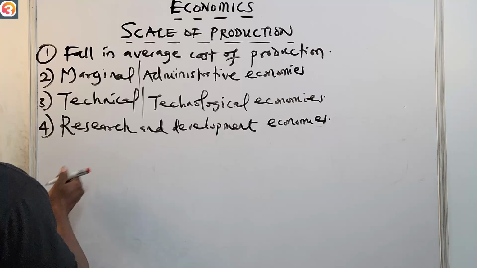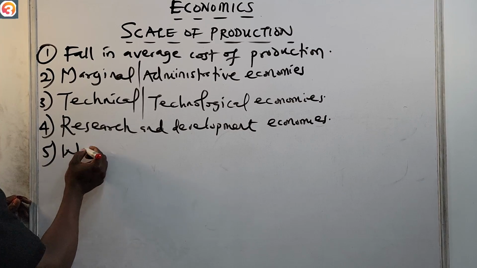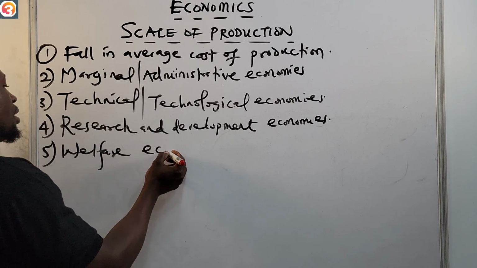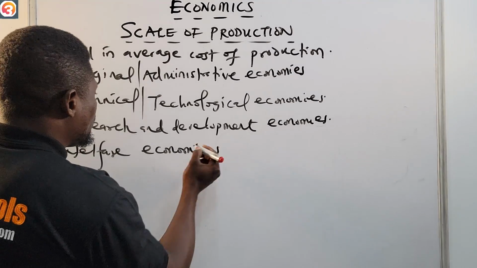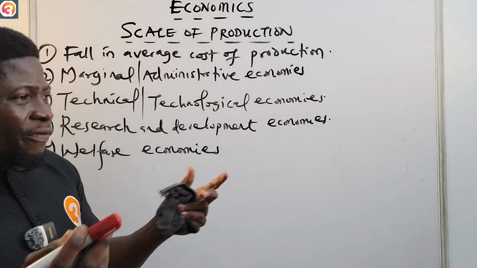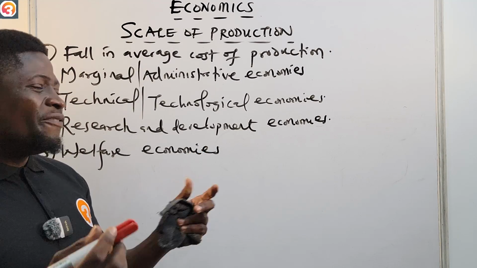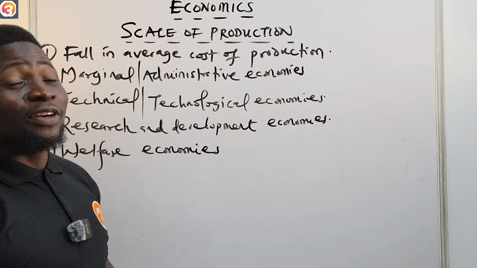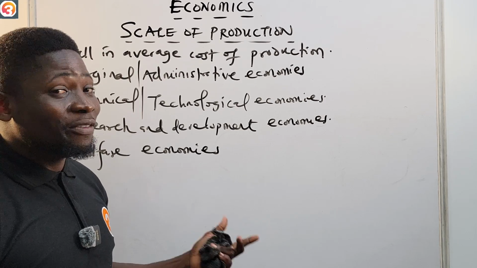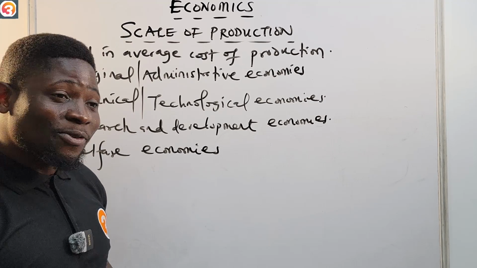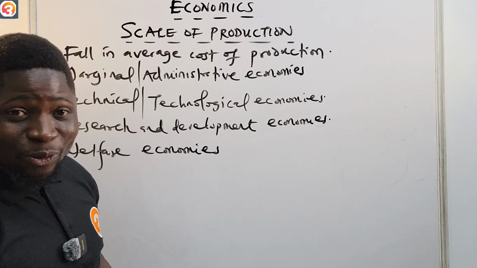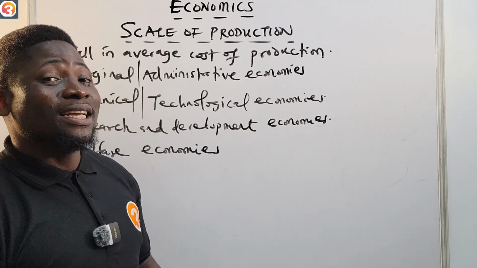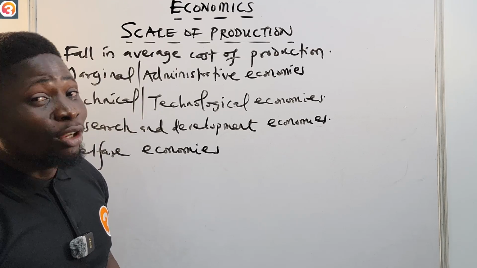Then number 5, we also have welfare economies. Large firms can provide welfare packages for their staff, unlike small firms. Small firms will say, you're going to Lagos, use the night bus. Some will say, take along your own.